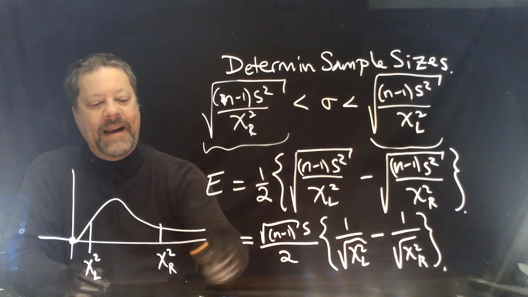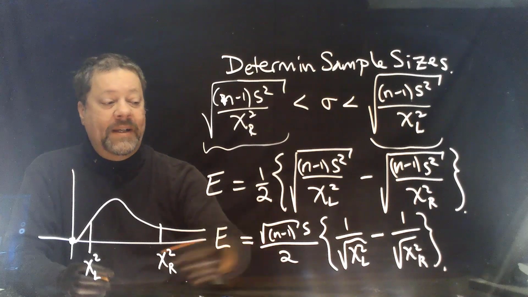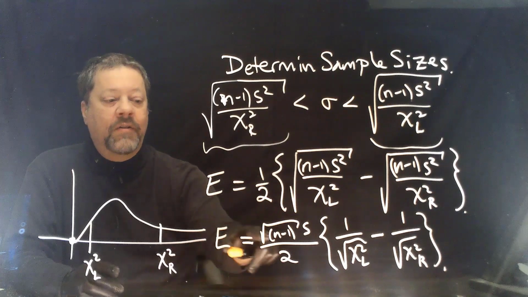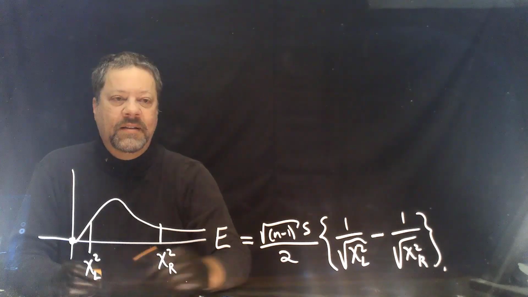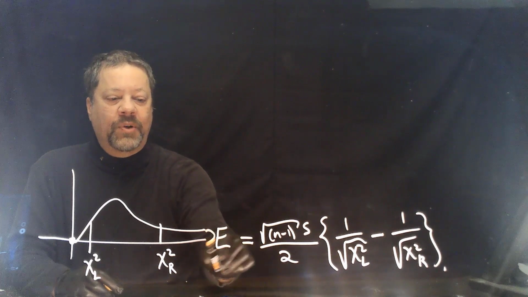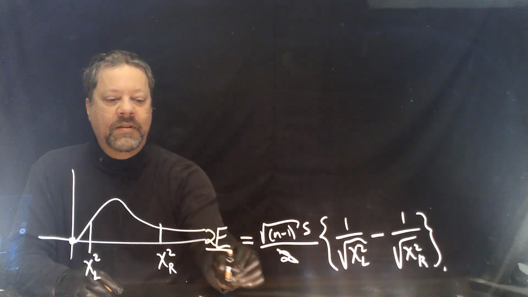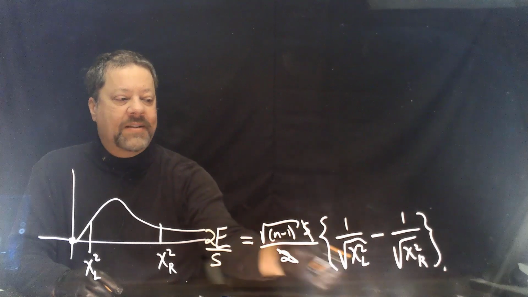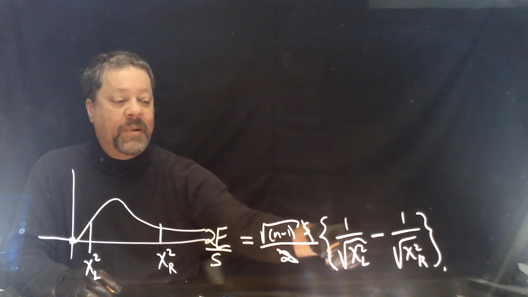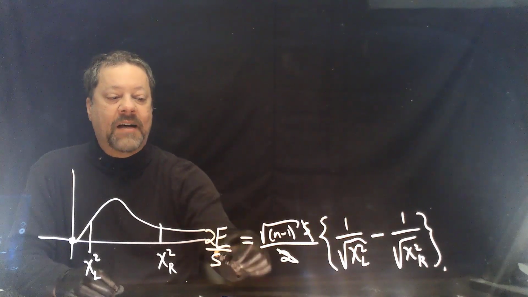Given the margin of error, we can now solve this equation for n. The easiest thing to do is to multiply both sides by 2, divide both sides by s. We'll divide this in the braces here into the denominator.